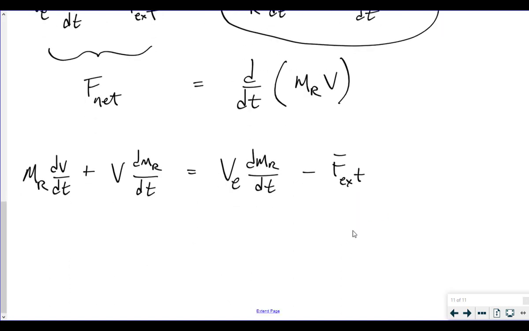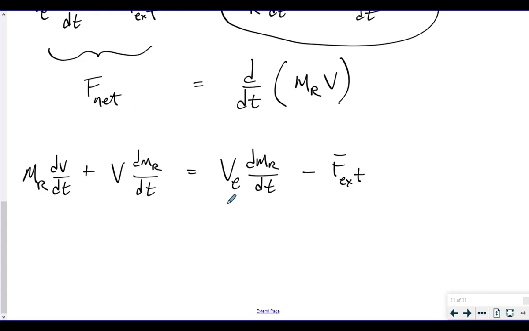Well, so we have some mass that can change over time, some velocity that can change over time. Velocity, again, here, this is the change in the velocity, this is the velocity, and it can change. So obviously dv/dt doesn't have to be zero, so this could be a changing velocity. Change in the mass of the rocket over time.